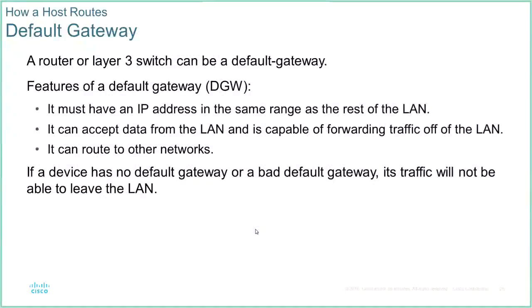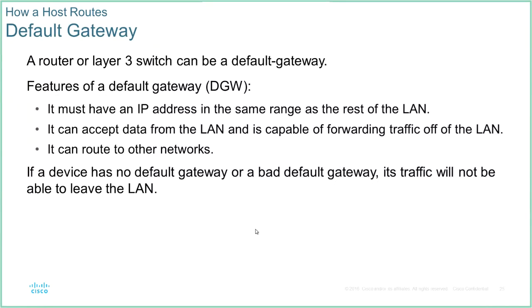Default gateways, as I've said before, is the way off your local network and into the greater world. It must have an IP address that is part of the same network because it is the exit, so it is part of that network.